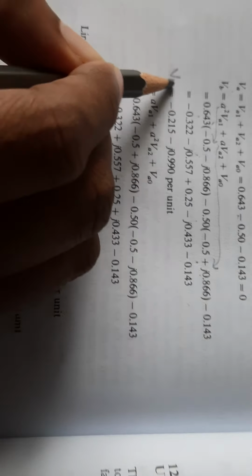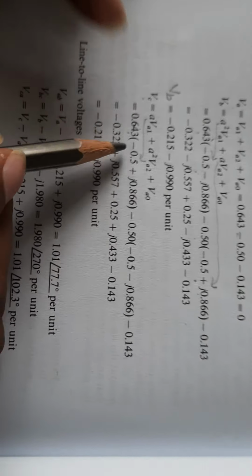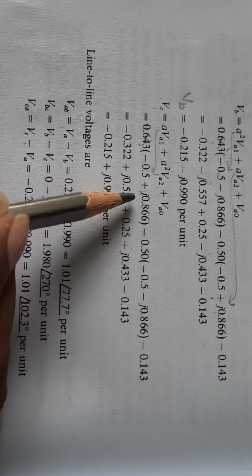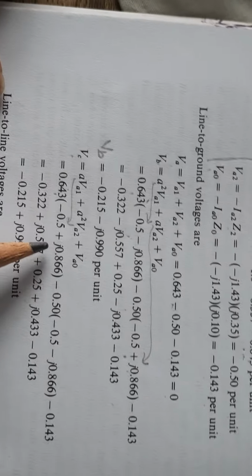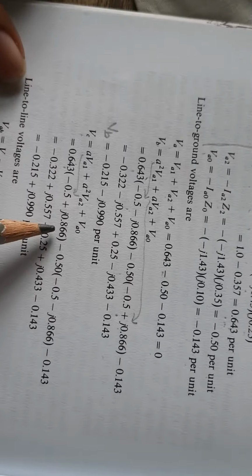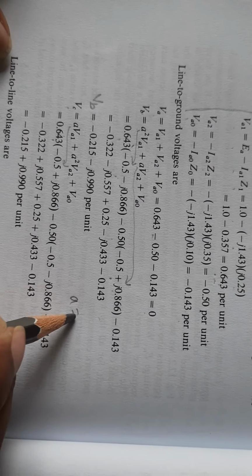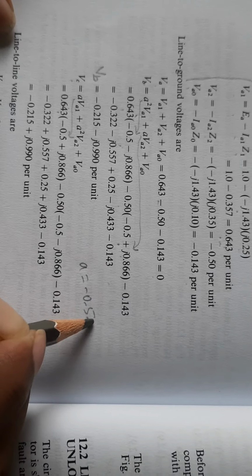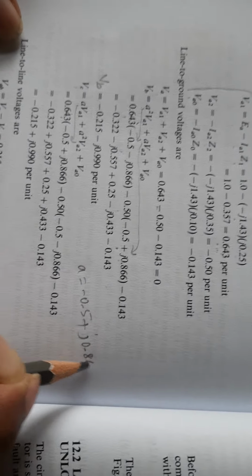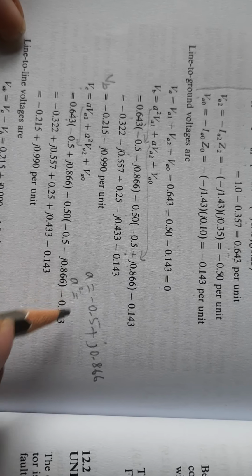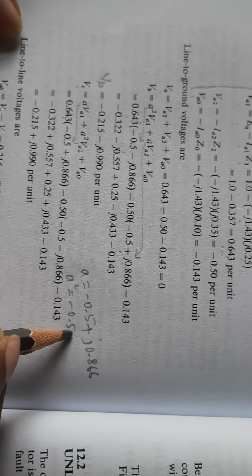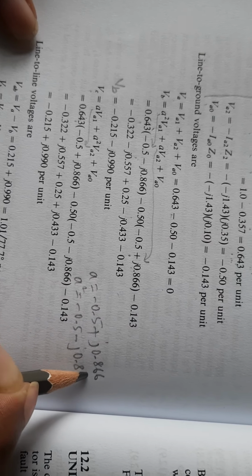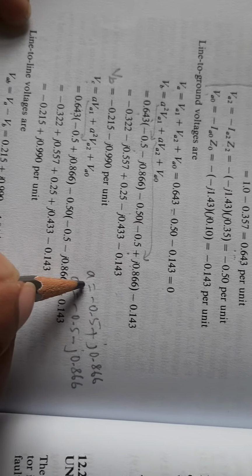VC has the same formula: a VA1 plus a squared VA2 plus VA0. VA1 is 0.643. What is a? A is minus 0.5 plus j0.866, and a squared is minus 0.5 minus j0.866.